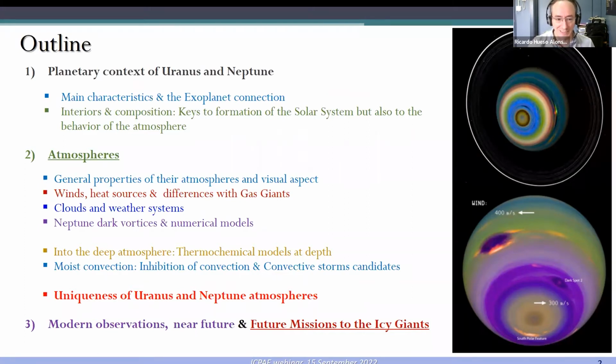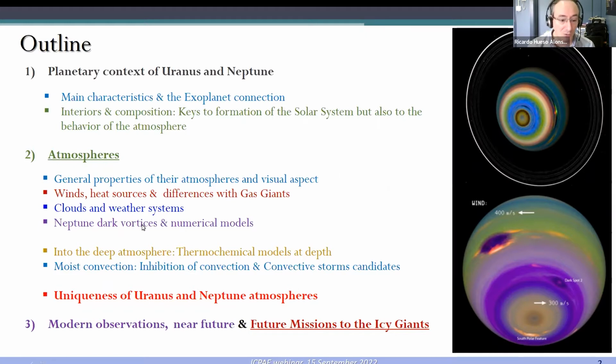And although these are topics that are not normally related with atmosphere dynamics, in the case of Uranus and Neptune, they are involved because the behavior of the atmosphere depends on the chemical composition of the atmospheres, which in turn gives us hints about how these planets were formed. So there are important connections between planetary formation and atmosphere dynamics in worlds like Uranus and Neptune.